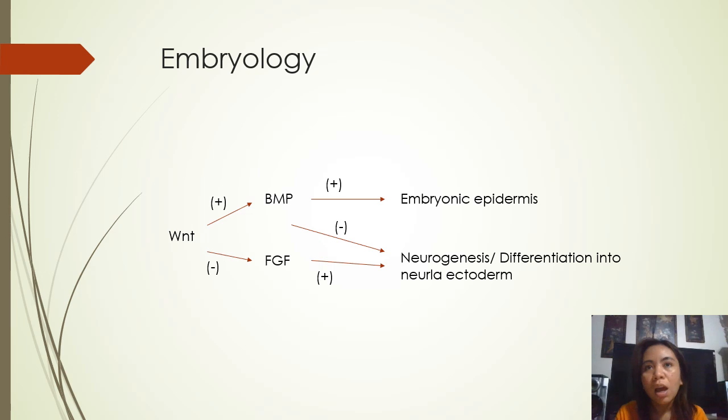So basically, when there is BMP, there is epidermis or embryonic epidermis. If there is no WNT, there is FGF and there is production of neural ectoderm or neurogenesis.